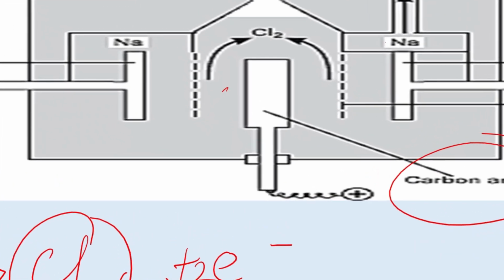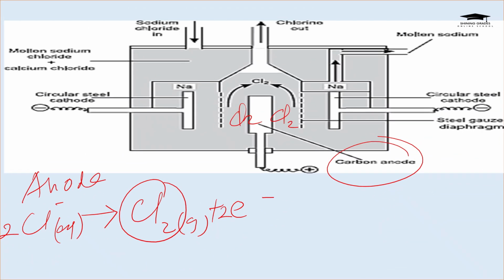This is where chlorine gas is formed, and once formed, it could be released into the atmosphere. But remember, this particular gas is very poisonous, and it cannot be allowed into the atmosphere because of its toxic nature.